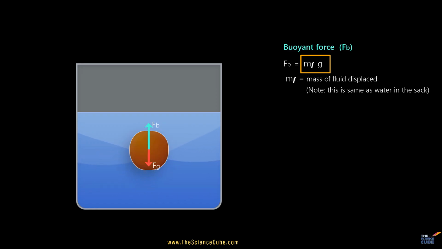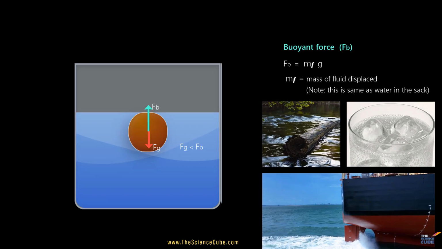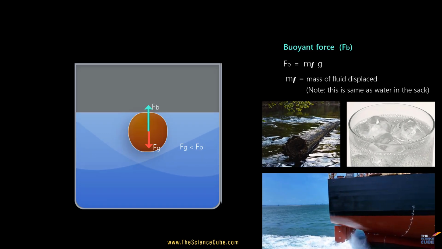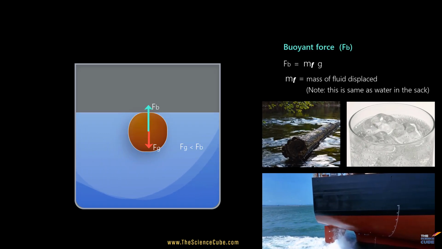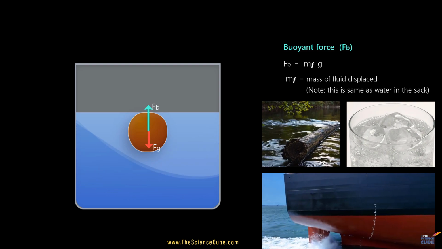That is, the gravitational force on the wood is less than the buoyant force. That means the net force points upward. So the block of wood accelerates towards the surface. And this is precisely the reason why wooden logs, ice cubes, and even ships float, because the weight is less than the buoyant push of the water they displace.